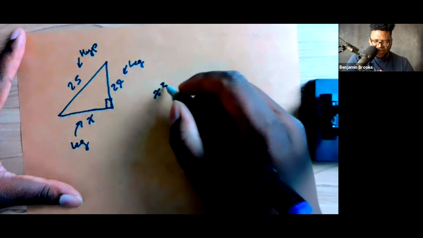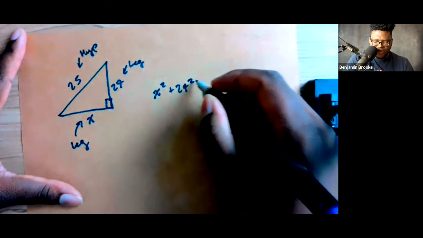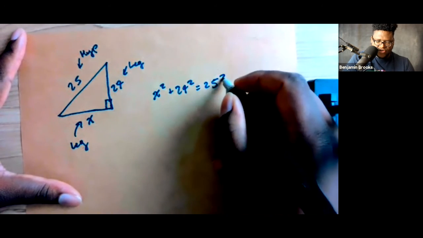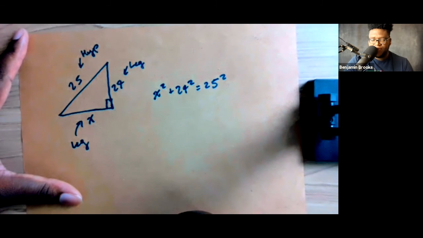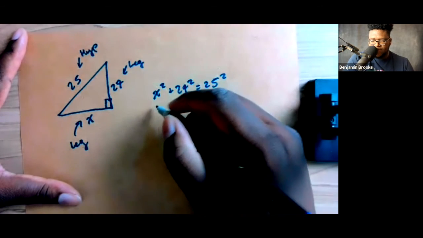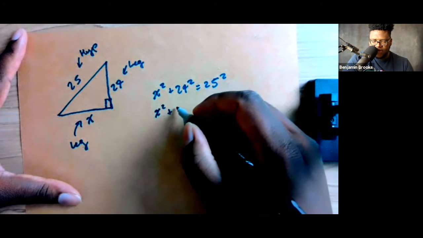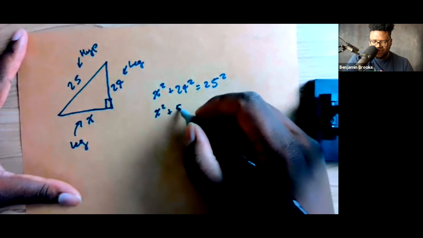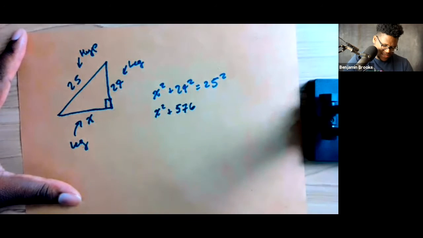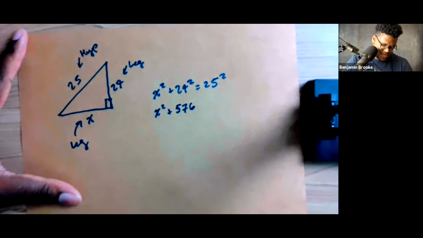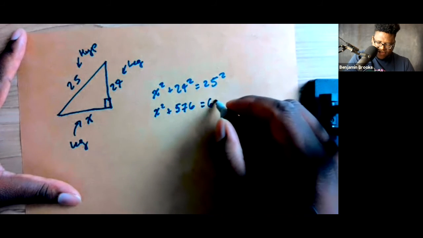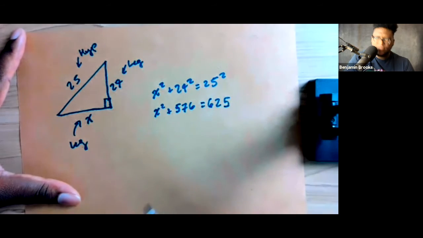We can say x squared plus 24 squared equals 25 squared, right? And then we have x squared plus, let's see, 24 squared is 576, I think. Just checking that. And 25 squared is 625. All right.